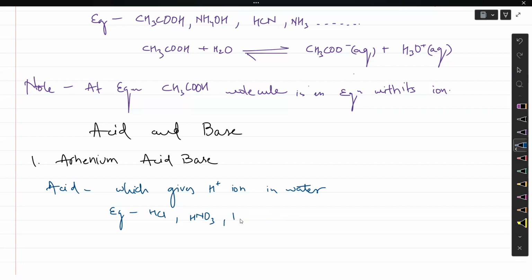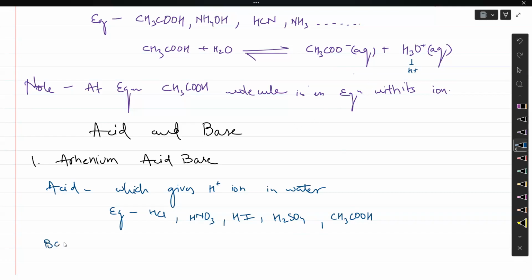So they will give H plus in the solution when we mix them. H2SO4, right? H plus and SO4 minus, CH3COOH. These examples we have done here, they are giving H plus ion, right?